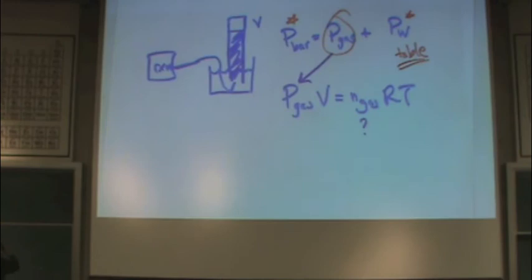Yes? Page 94. Page 24? 94. Okay, what number? 24. 94, number 24. Okay? And this is the one with the ammonia and oxygen. This is a pretty tough problem, I will admit.